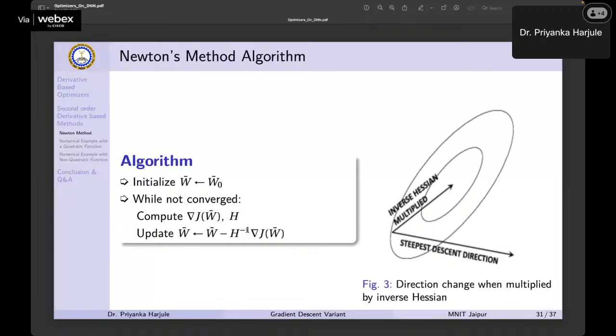So Hessian basically encodes how fast the gradient is changing in each direction.